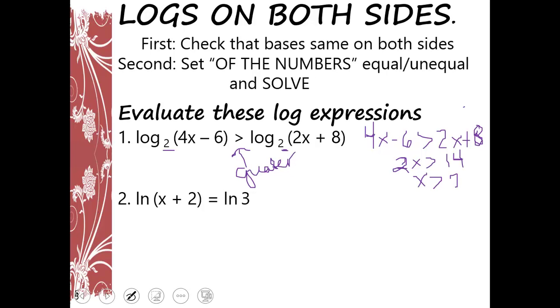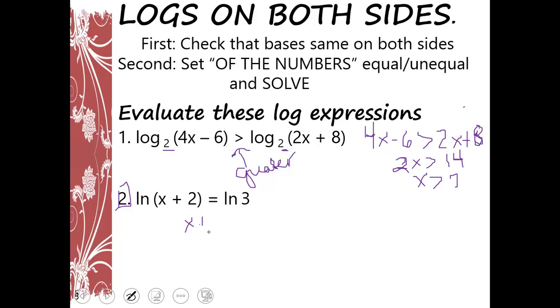All right. Now, on this number 2 here, notice that I'm in ln. These follow all the same properties as the other ones, all right? So I have 2 logs of the same base. They're both base e that are equal to each other. So my arguments had better equal each other.